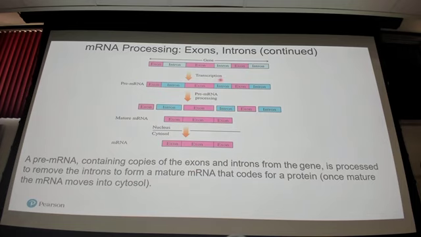It's transcribed into pre-messenger RNA, which contains both introns and exons. That pre-RNA is processed, which removes the introns and splices only the exons together. The exons will then leave the nucleus and travel into the cytoplasm to the ribosomes, where they will be translated into the proteins that our body needs based on our genetic makeup. Does that make sense?